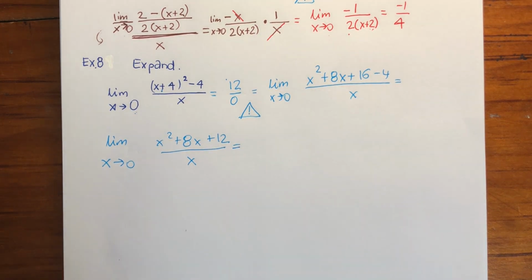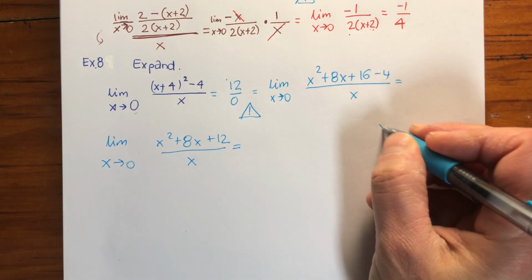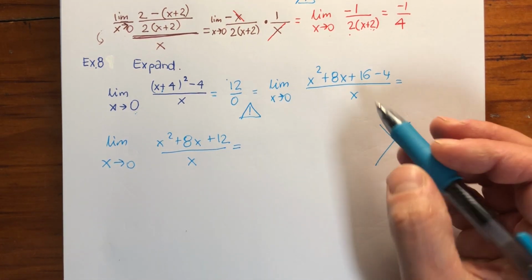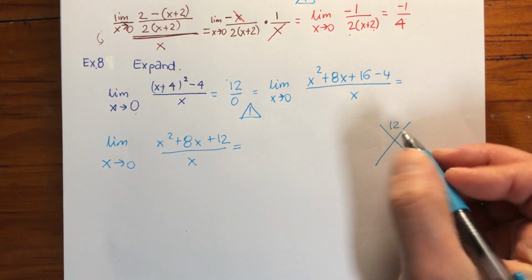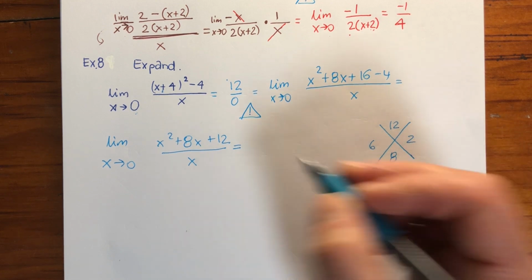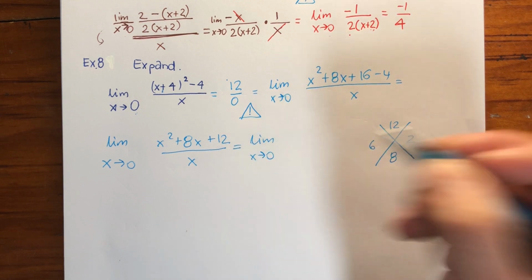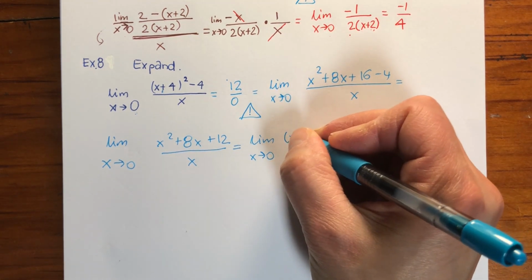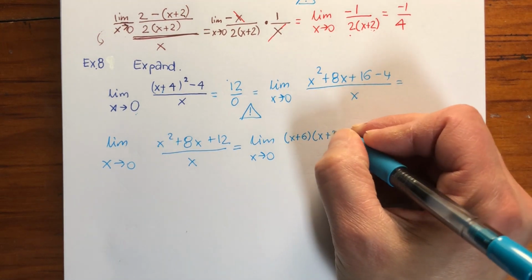And I wonder if I can factor this. However, I don't see how this is going to nicely simplify, but who knows. This would factor into two numbers that multiply to 12 and add up to 8, 6 and 2. X plus 6, x plus 2.